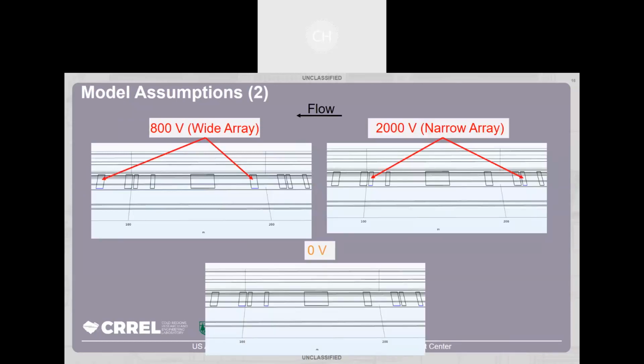So what we see here is we're looking at the lock with here's our wide array, and here's our narrow array, right?